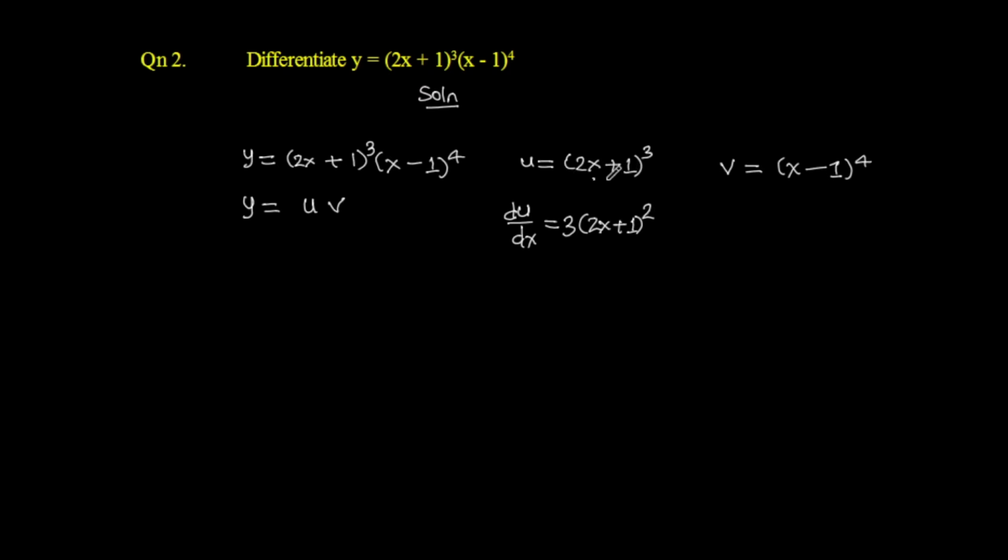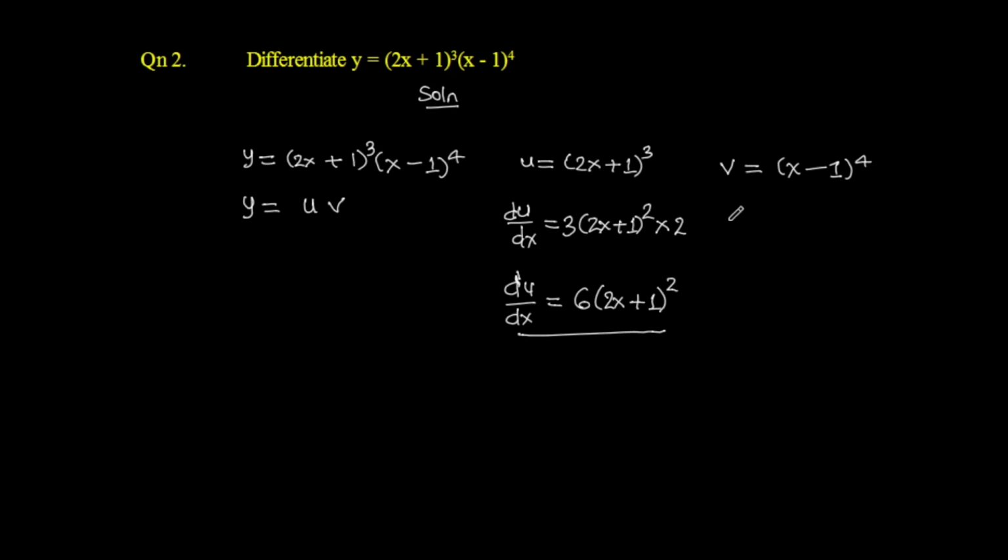Then we multiply by the derivative of the inside component. So when you differentiate the component inside this bracket, we just get 2. Then let's simplify 3 and 2 to have our final derivative for du by dx. So here we have 6 (2x plus 1) raised to power 2. So that is the derivative of this u with respect to x.